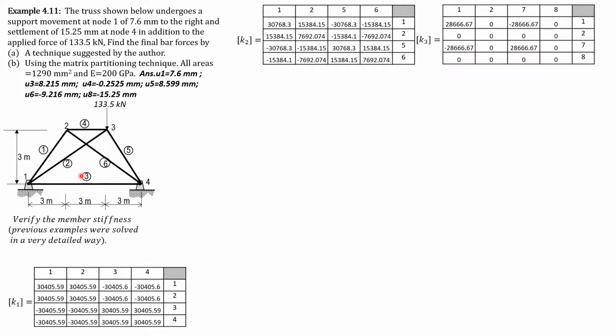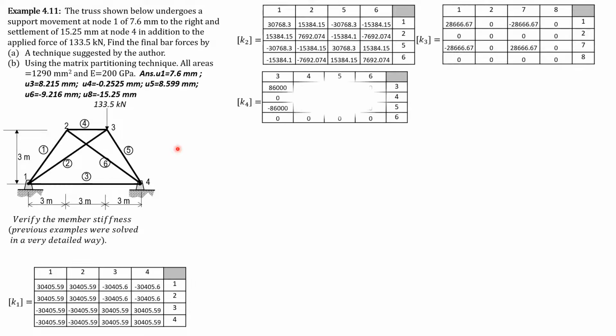K4, number 4, is horizontal, so it looks the same as this, except that the length is 3. So 3, 3, 4, 5, 6, because it is 2 to 3, number 4. Then number 5 is 3 to 4, the cosine is positive, the sine is negative.